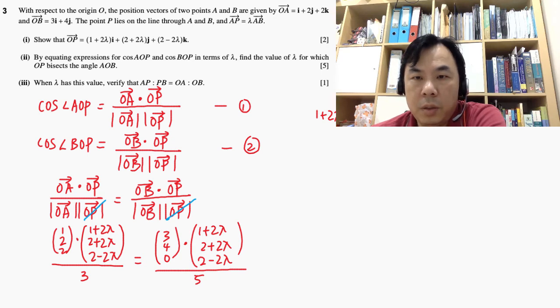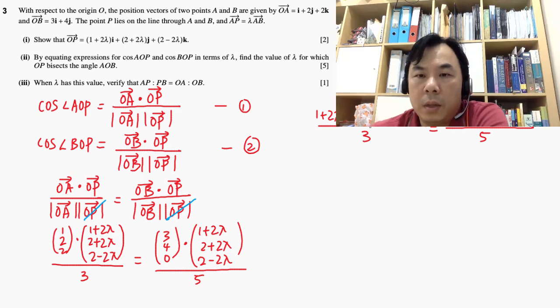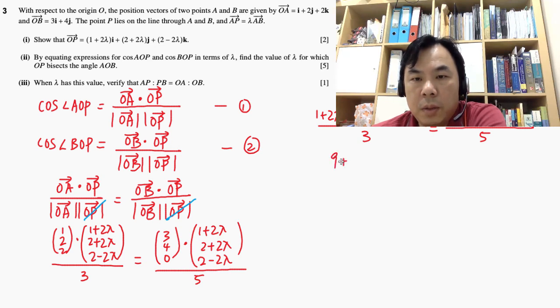It's a pretty lengthy one to have. So over 3 here is the same as over 5 here, right? And then we could simplify this. Okay, let me see. 9. So there's 9 plus 2 lambda.